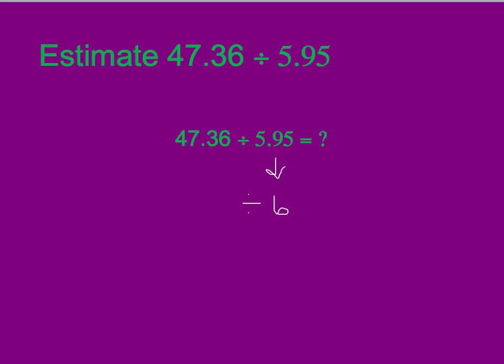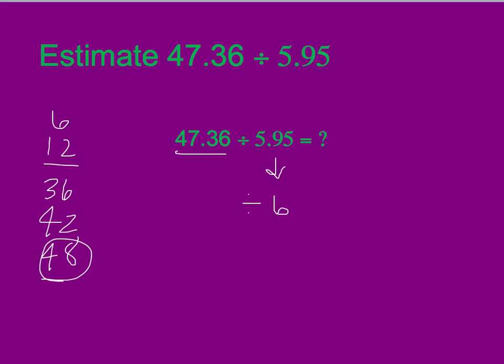Then, looking at 47.36, I want to think about multiples of 6 that are close to that number. I could start listing them out, but I can also see that these are far away and jump down. I know 6 times 6 is 36, then there's 42, and then there's 48.